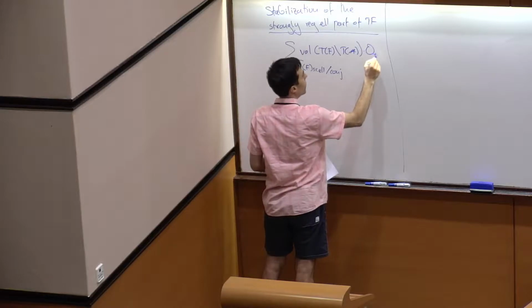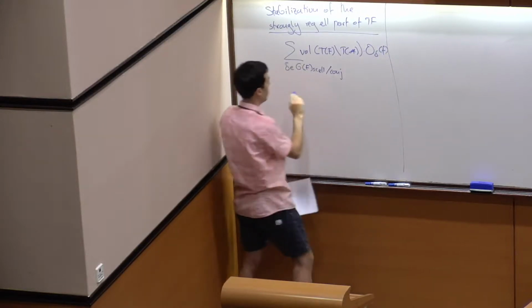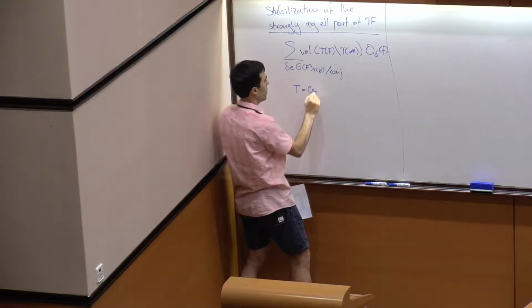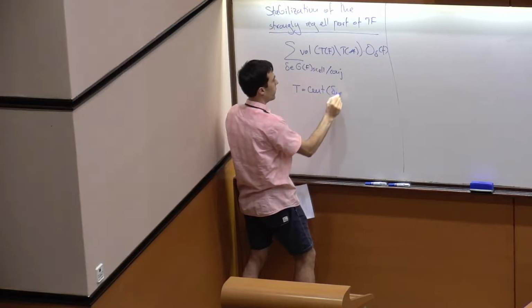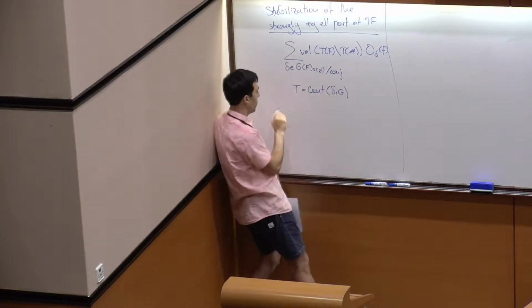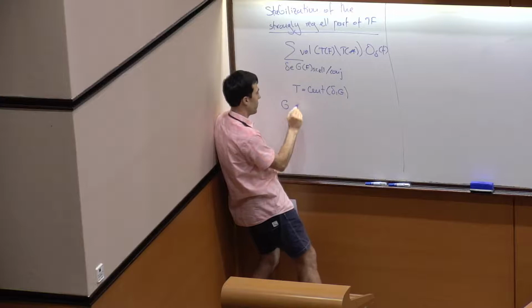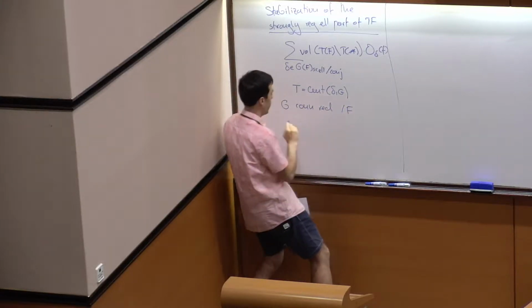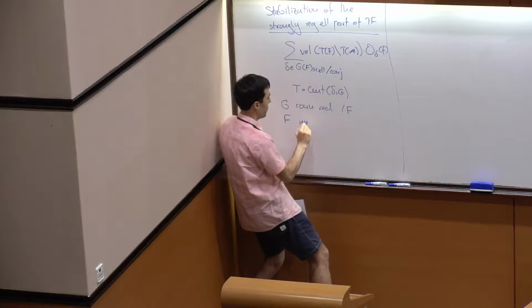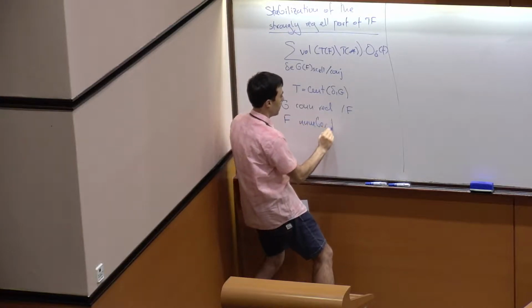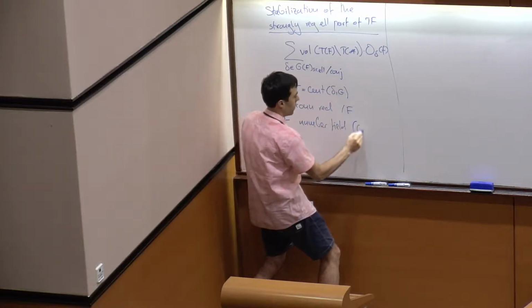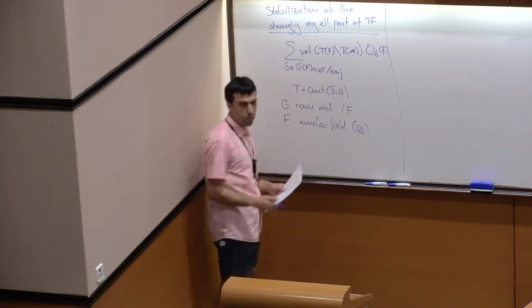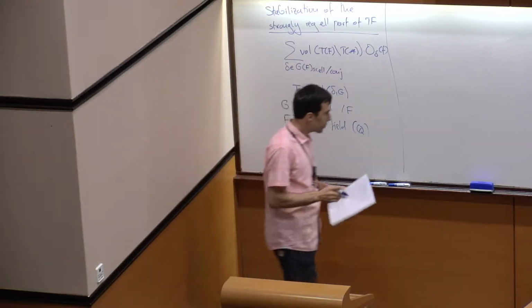And then we have the orbital integral term, where here T is the centralizer of delta in G, and G itself is connected reductive over F, F a number field. We can just take it to be Q if we like.